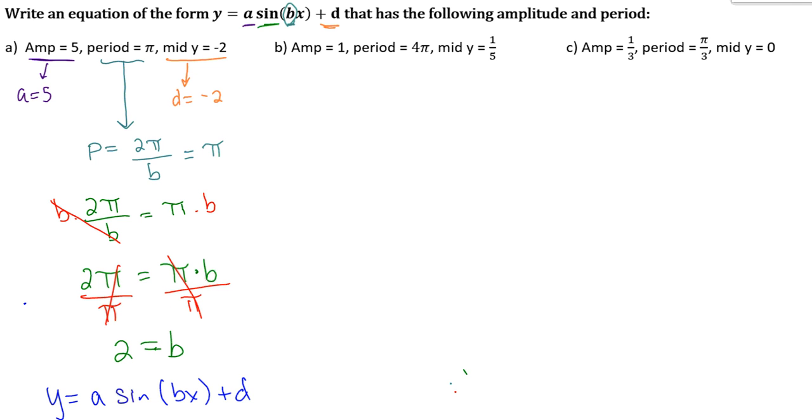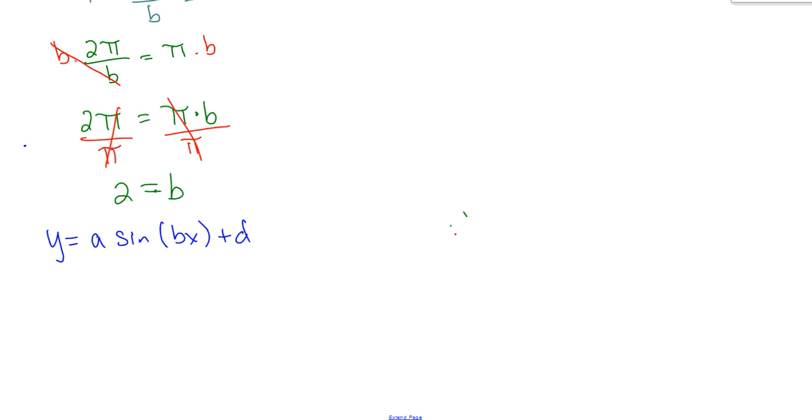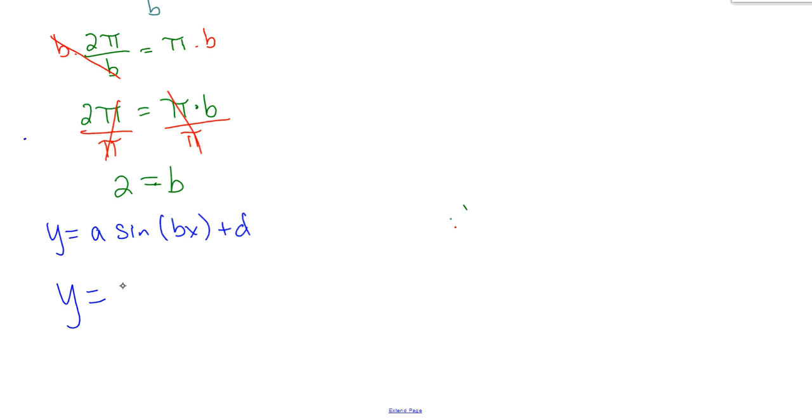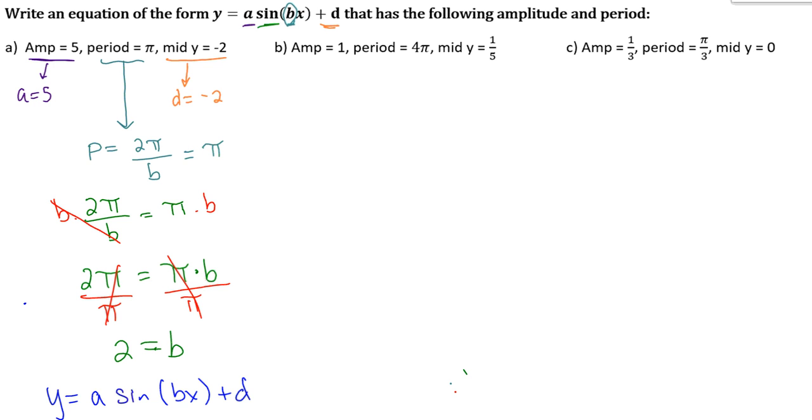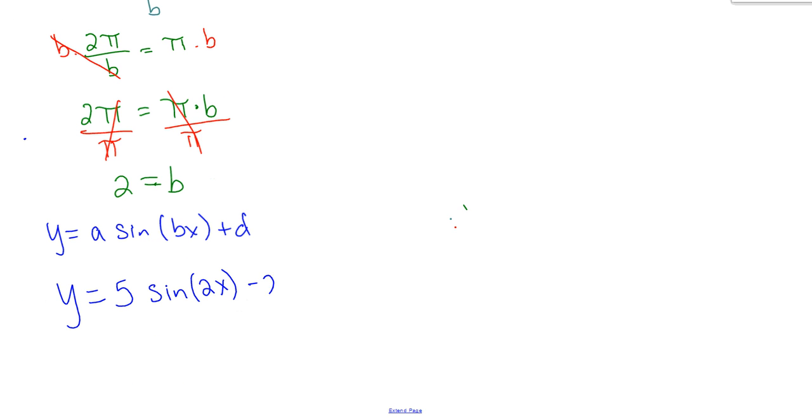So y equals a was 5, sine of b, which was 2x, and then d was -2, so -2 at the end. There's the answer for that one.